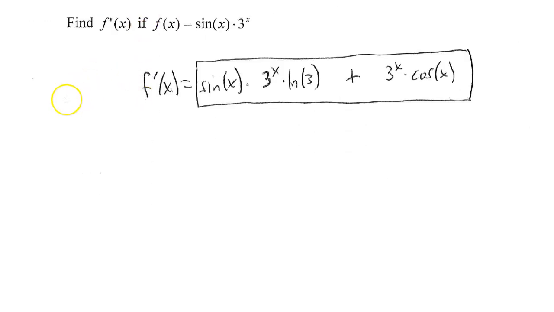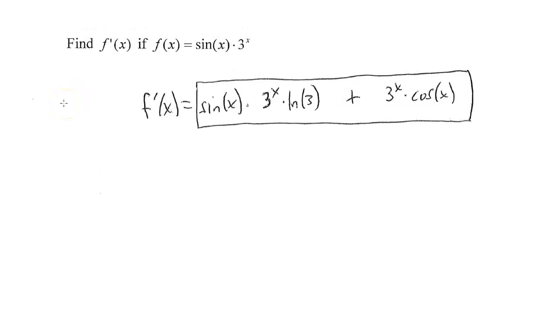Okay, one last thing. This was not an actual problem from the book, but somebody asked about derivatives of something other than just e to the x. The derivative of e to the x is e to the x, and you definitely need to know that for the exam. What about something like the derivative of 3 to the x? Well, the derivative of 3 to the x is 3 to the x times ln of 3. So how would we do something like this?